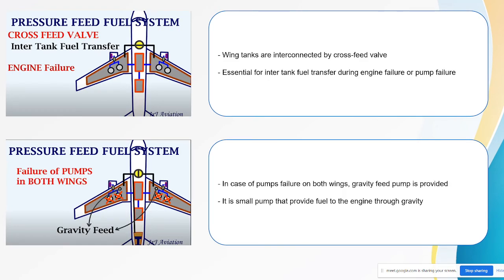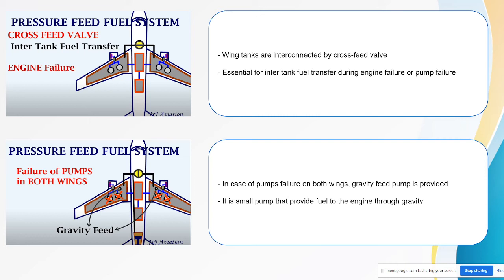So next, the crossfeed valve. This is one of the most important components in the aircraft fuel system because the crossfeed valve is connected between both tanks on the wings. It is essential for inter-tank fuel transfer, mainly during engine failure or pump failure.